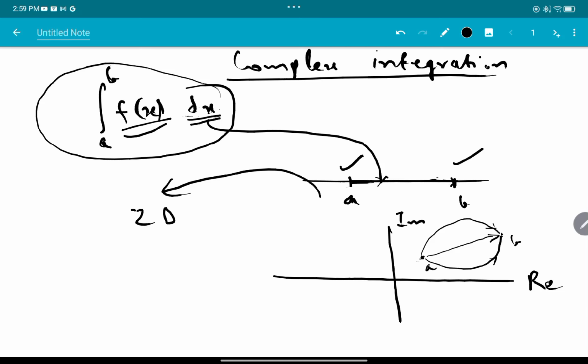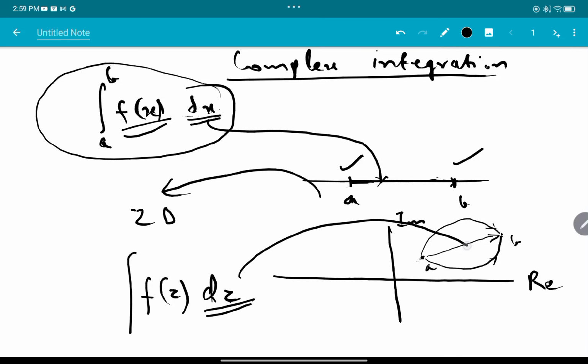Had all the integrals here been path independent... suppose for example I show you a complex integral. Now I have replaced x by z, and dz. Remember that dz is a piece of this path. Now I have this from a to b, say for example. Had this been path independent always, then we would not care about the path.